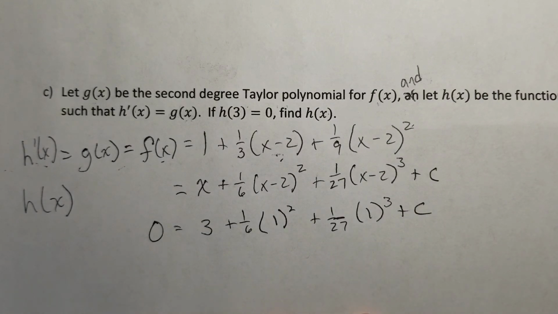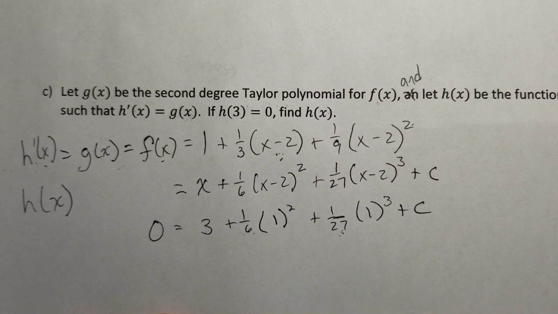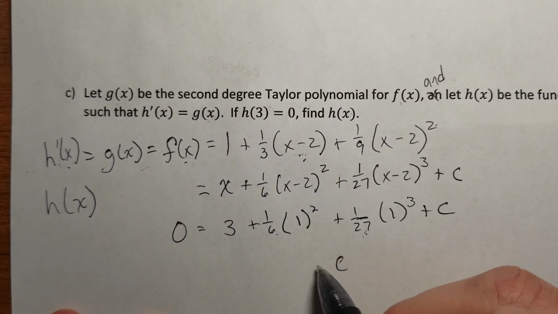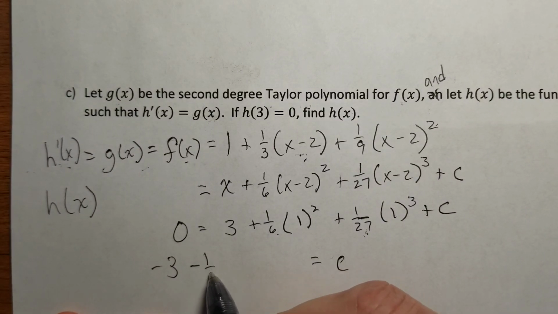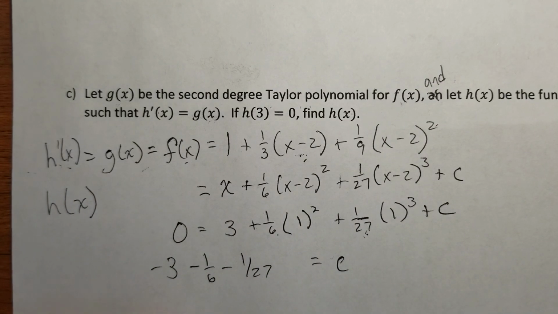So let's go ahead and, how messy do we want to make this? I guess we could get these in terms of 54 maybe? 6 doesn't go into 27, so 54. I'm just going to subtract it over. We'll just make this easy. Let's just go -3 minus 1/6 minus 1/27 is our constant.